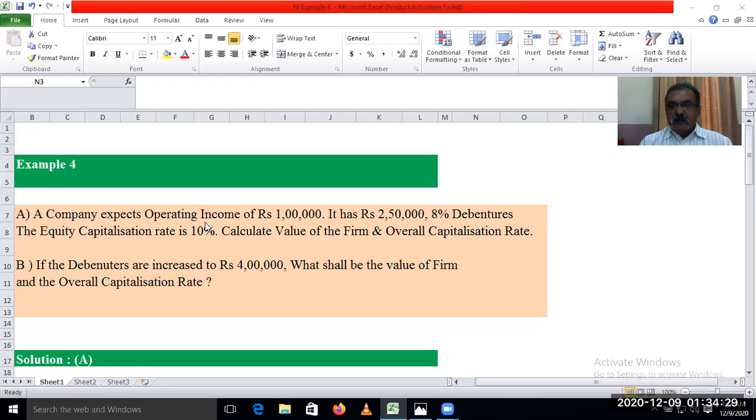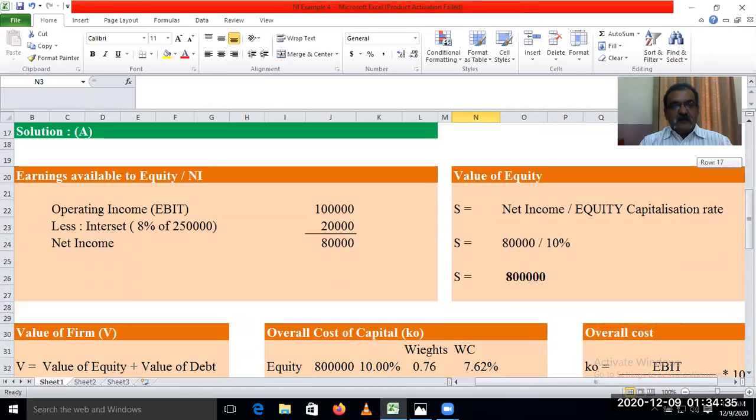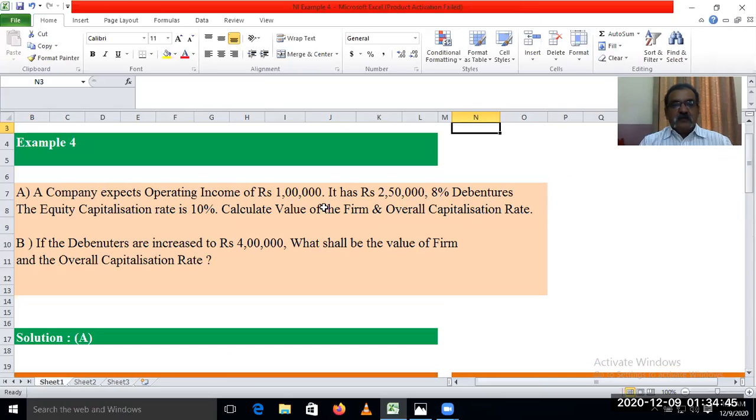Operating income means EBIT. And as per the net income approach, the formula of calculating net income is operating income, that is EBIT, minus interest, is equal to net income. So EBIT is rupees 1 lakh, which is given to us in the example, less interest on debentures.